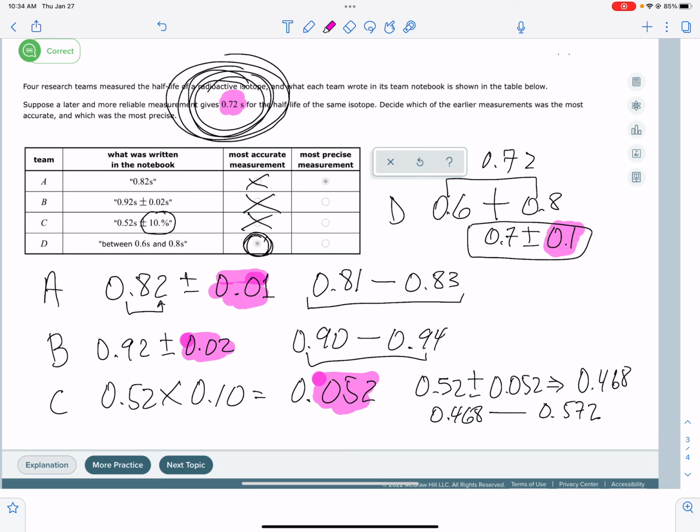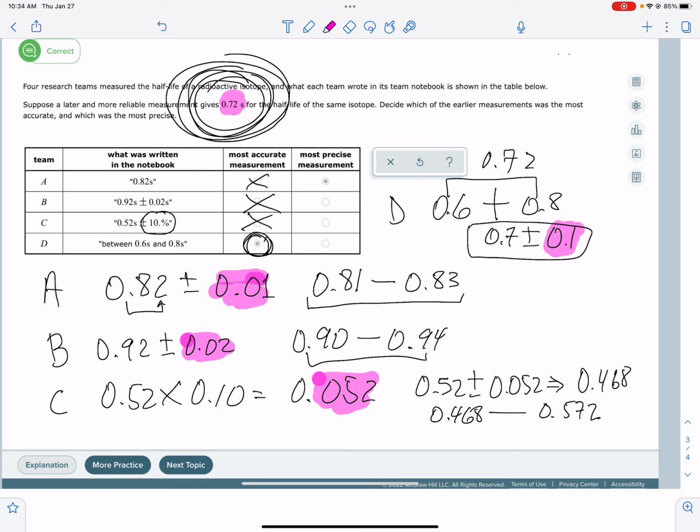Basically, look to see what number is being represented by the plus or minus. Ideally, the true value will be included in there. And if it's not included, at least as close as possible. And then once you have determined all the plus or minus values, the smallest one is the more precise one.